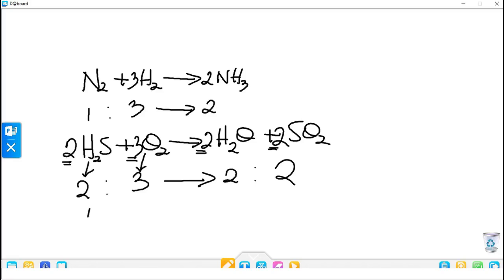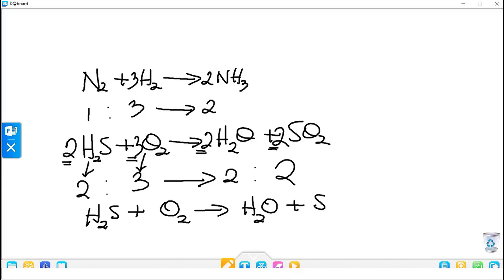The last equation, if we are to balance it, is hydrogen sulfide again with oxygen. That can give us water and sulfur when oxygen isn't abundant. For that, we have 2 and 2, and lastly 2 in front of sulfur to balance the equation. This is the reaction of hydrogen sulfide with oxygen when oxygen is limited in supply.